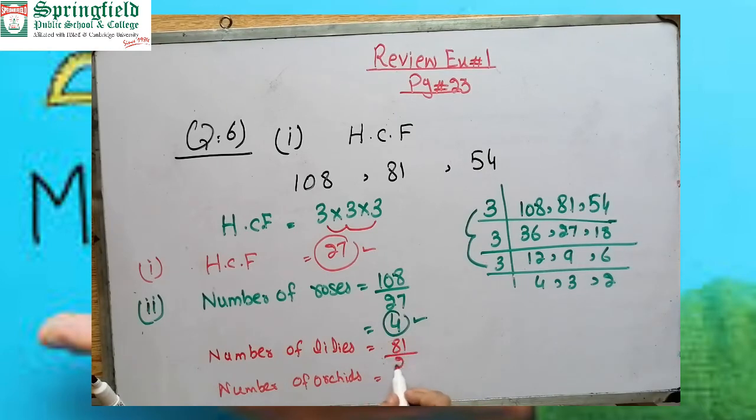So 81 divided by 27, when we divide, you will obtain 3. Fine. And then the number of orchids.